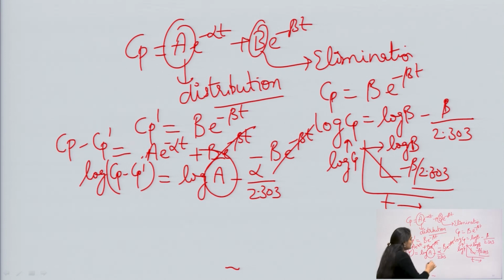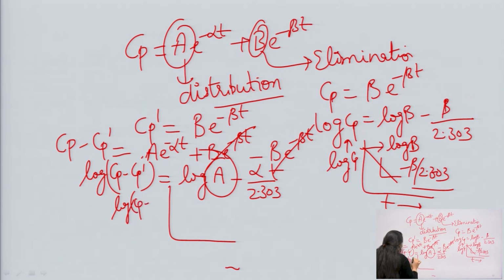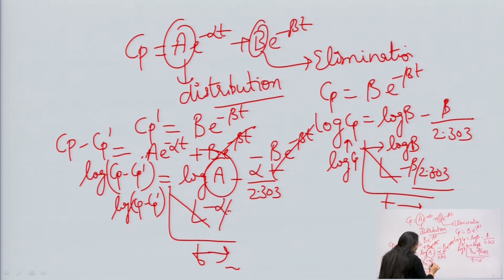In this, when we plot a curve, Cp minus Cp dash will be on the y axis and t will be on the x axis, and similarly we will get a curve like this. The intercept is logarithm of A, and the slope gives alpha upon 2.303.